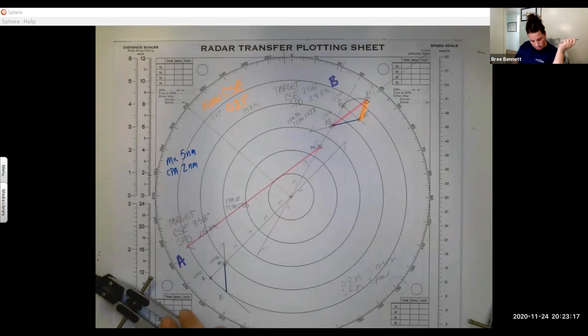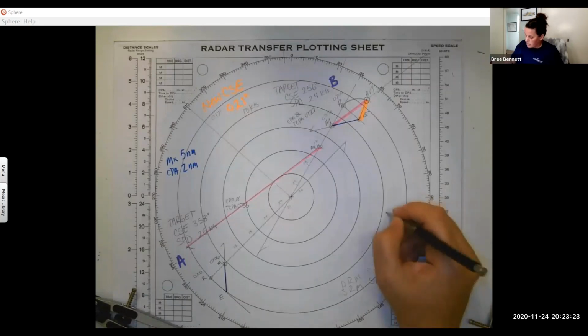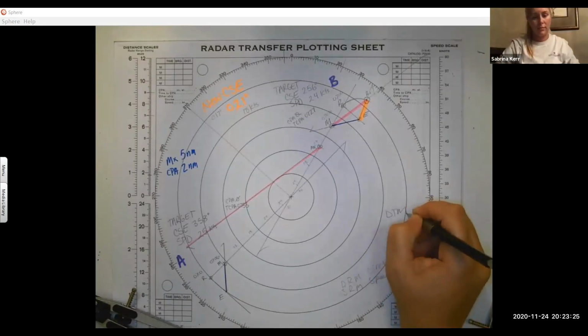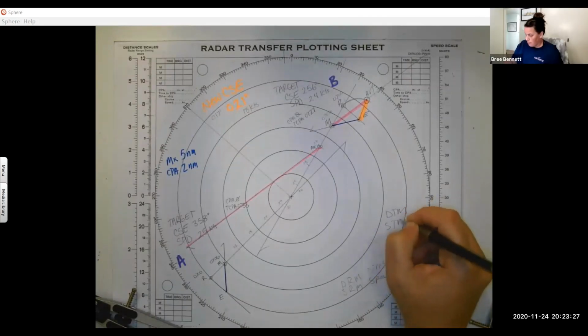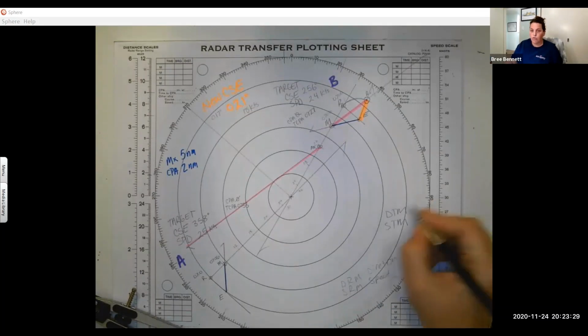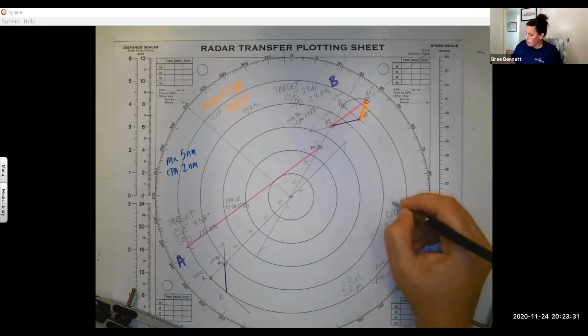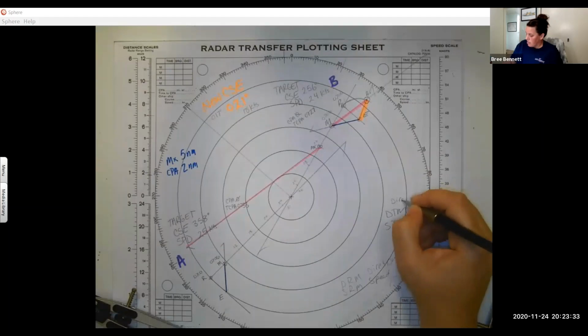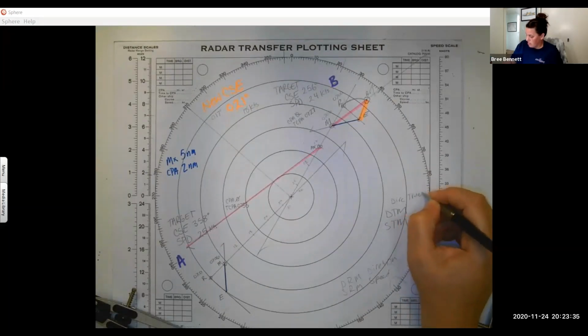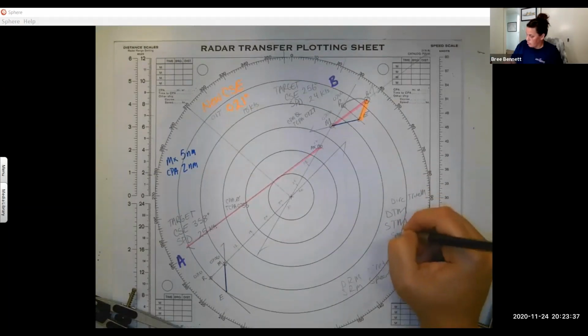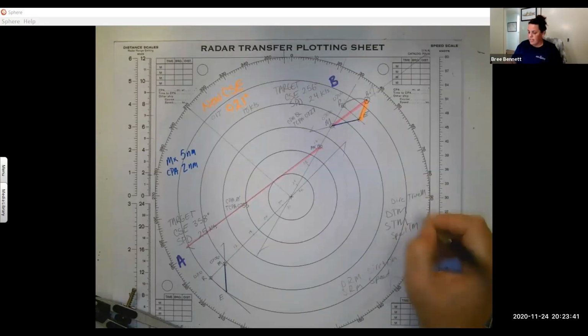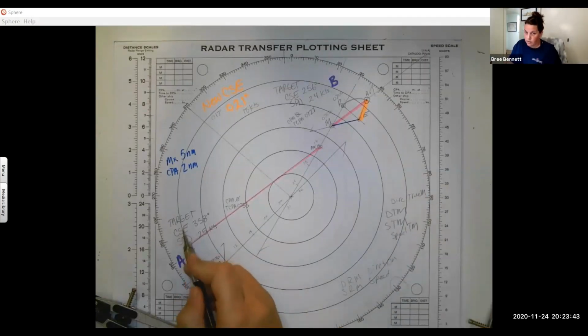What was another acronym? CPA, closest point of approach. Oh, and then they had DTM and STM. That is true motion. That's going to be your direction of true motion and your speed of true motion. And that is what I just call the target's course and speed.